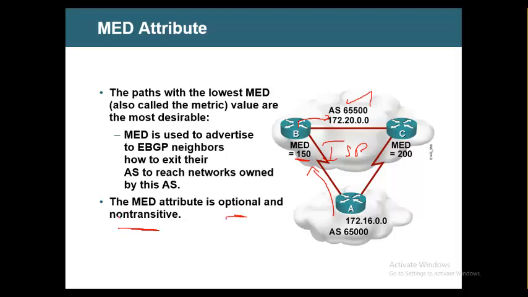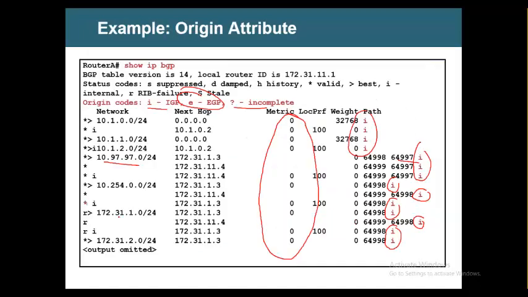At least 0 should be there. And MED is only between eBGP neighbors. That's why you don't see MED for some neighbors, because they are iBGP neighbors. When we do this, you will understand it more clearly.